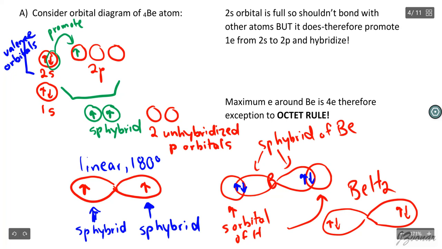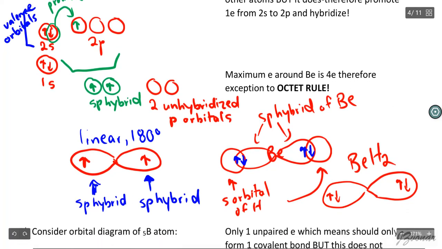If this is my beryllium atom, now we see it's got 2, 4. That's the maximum number of electrons that beryllium can have around its valence shell. So this is one example, and it helps to explain why hybridization takes place.